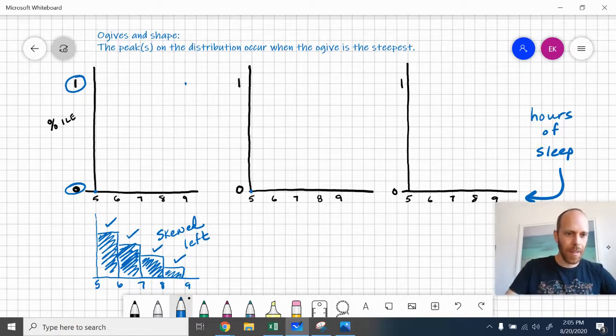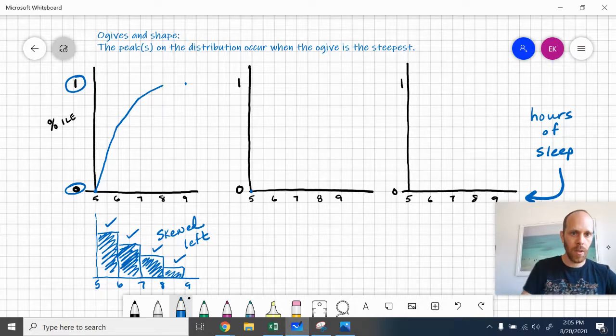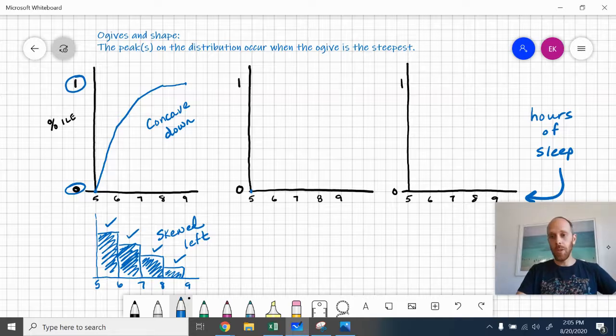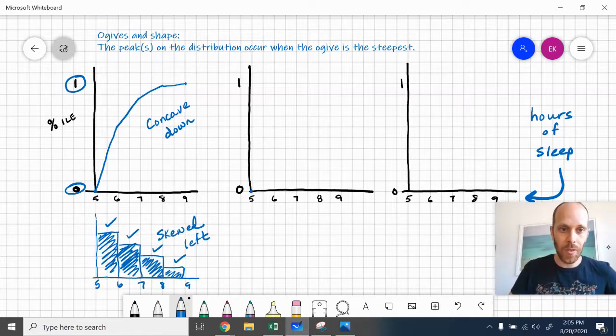So this is going to be a rough graph, but you would expect that you would have a large increase, and then a smaller increase, and then a smaller increase, and then a smaller increase. So when you get this kind of concave down shape, you can assume that that is skewed left.